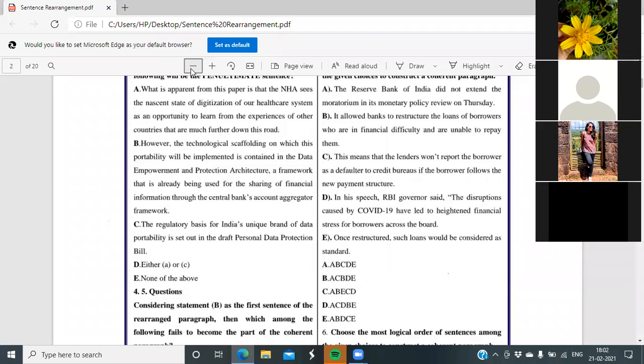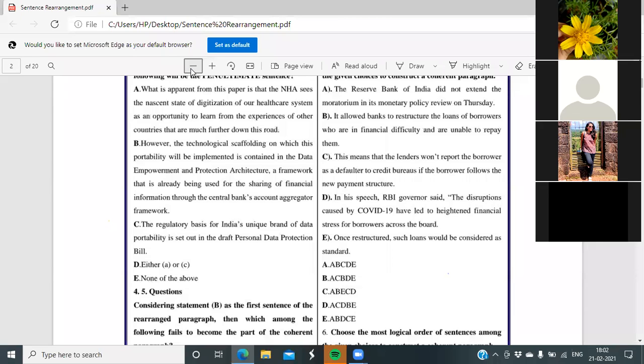Then once restructured, such loans would be considered as standard. So now here in the second statement, they have clearly specified it allows banks to restructure the loans of the borrowers who are in financial difficulty and are unable to repay them. Then the third statement, which says they are considered as standard, is speaking about the loans which we have spoken about in statement 2 itself.